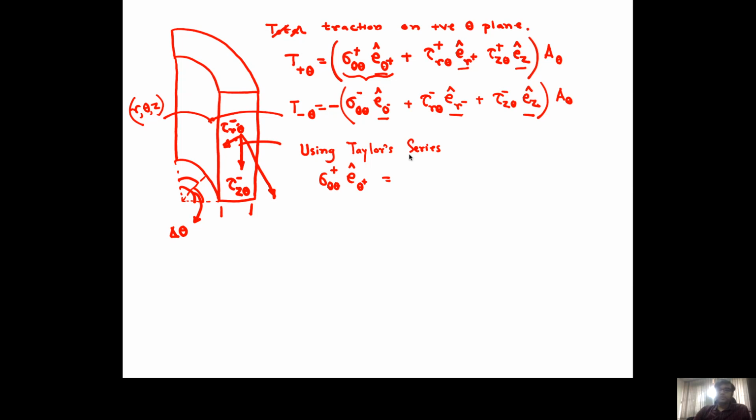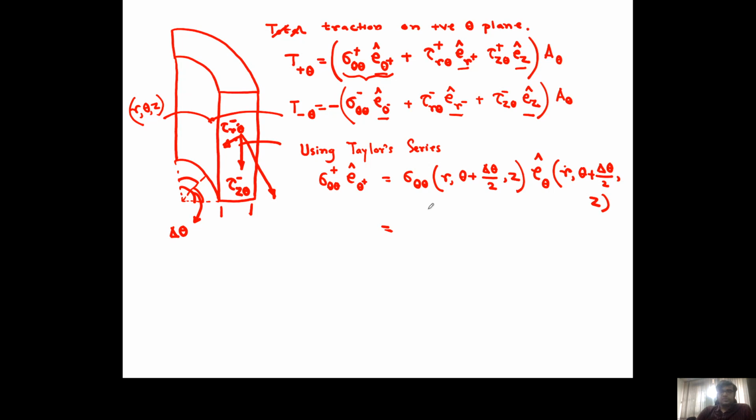I can write it to be more explicit. So sigma theta theta plus is nothing but sigma theta theta at R, theta plus delta theta by 2, and E theta plus is nothing but E theta hat at, I mean, R and Z. So, okay, although it is not a function of R and Z, just to be explicit, I'm writing it.